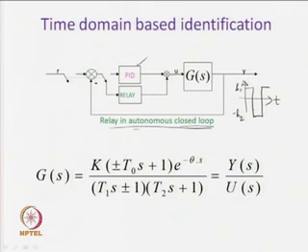The dynamics of the real time system is given by G(s). Now, G(s) can assume different forms, and one such form is mentioned here, where the transfer function model of the real time system is represented with a steady state gain K and either a right half or left half S plane zero given by plus minus T0 s plus 1.